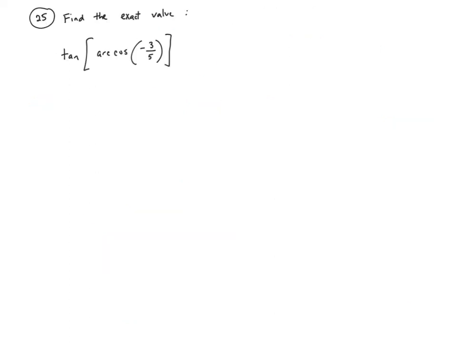Number 25. Find the exact value: the tangent of the arc cosine of negative 3/5. First, let's make sure we remember our ranges. If y equals arc sine of x, then the range is negative pi over 2 is less than or equal to y, and y is less than or equal to pi over 2.